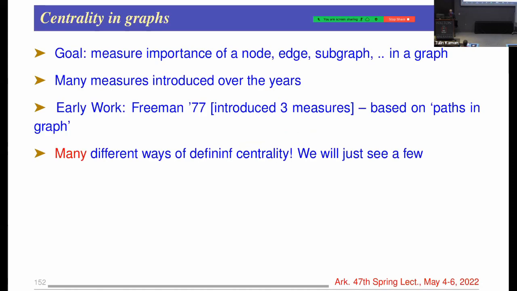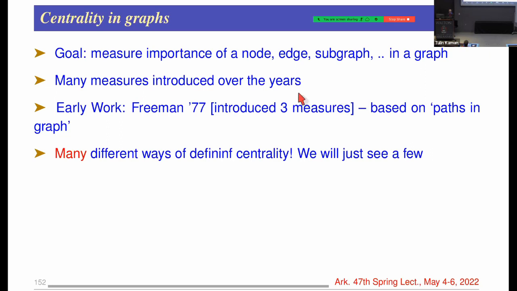Graph centrality. So I mentioned this earlier. This is a set of methods that will allow you to determine the importance of a node. That actually could be something else. It could be the importance of an edge or whatever, or a subgraph. But we're restricting our session here to the importance of nodes, of vertices.